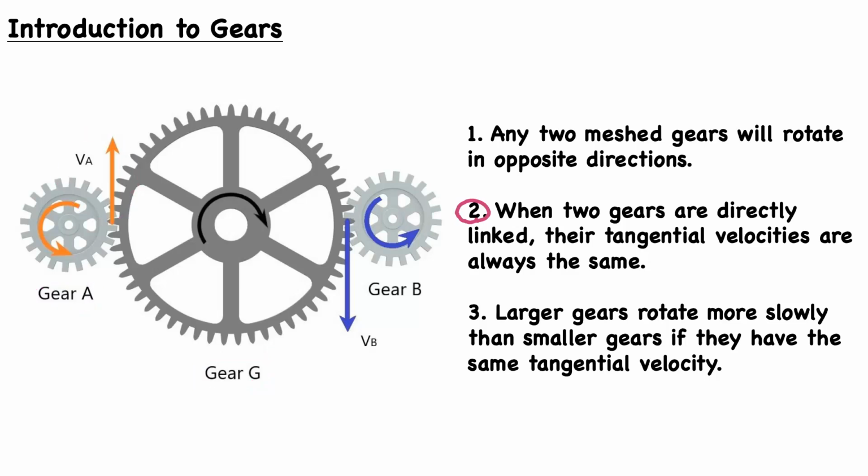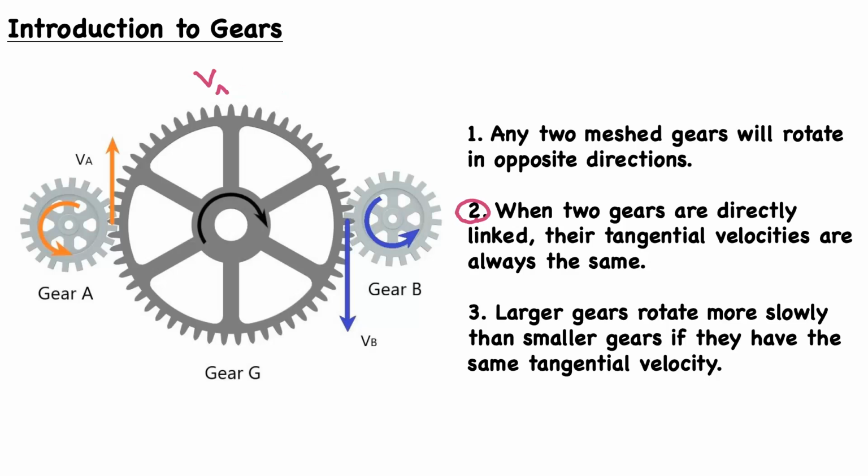Now, we can also consider that gear G is also meshed with gear B. So these 2 will have the same tangential velocity, which is VB. But because this is a system of meshed gears, this also means that VA is equal to VB. So these are all the same tangential velocity.